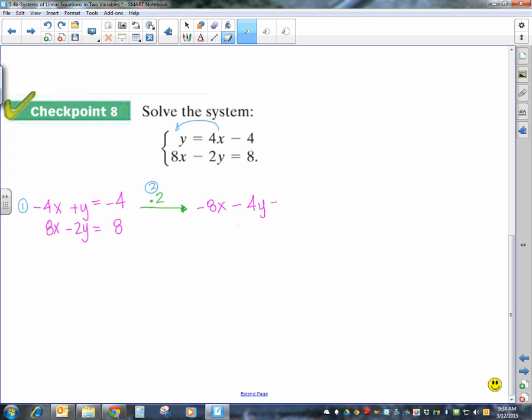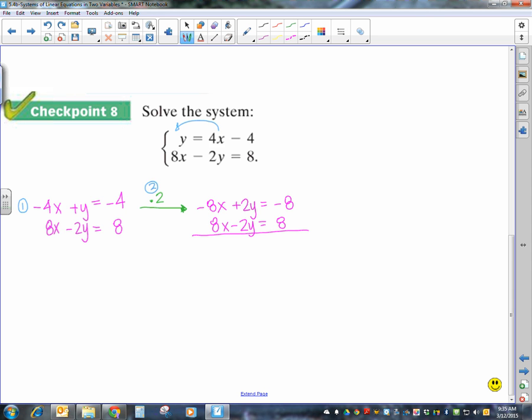I was looking at the wrong number. Positive y times 2 is positive 2y. Negative 4 times 2 is negative 8. So that's what I needed to have. Okay, and then I'm just writing the second one down. 8x minus 2y equals 8.